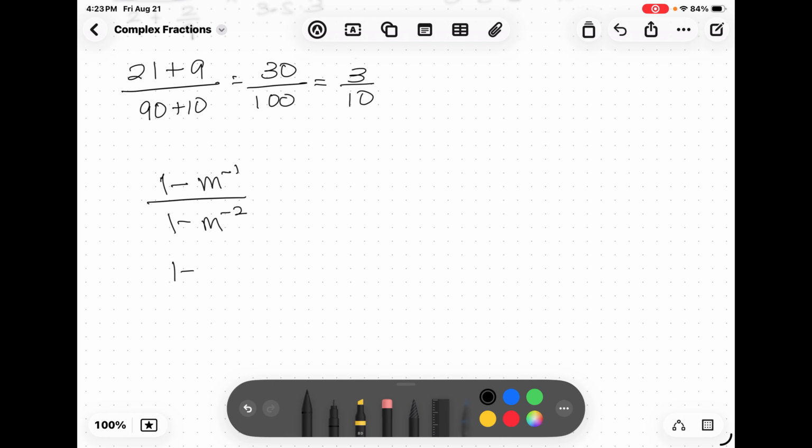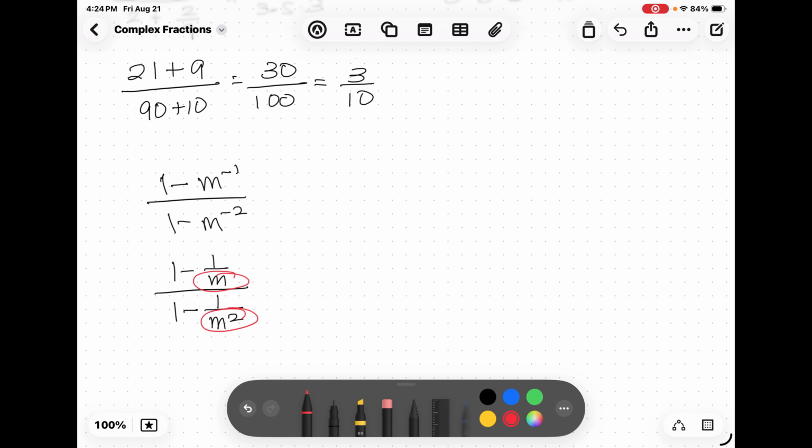One minus 1 over m over 1 minus 1 over m squared. Complex fraction. Fraction of a fraction. Then I'm looking at what's the least common multiple of the denominators.